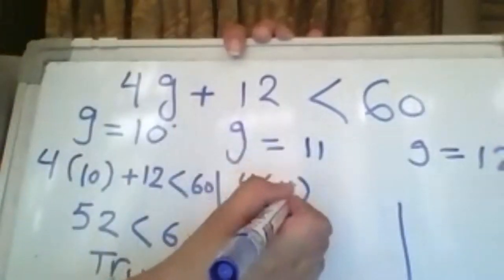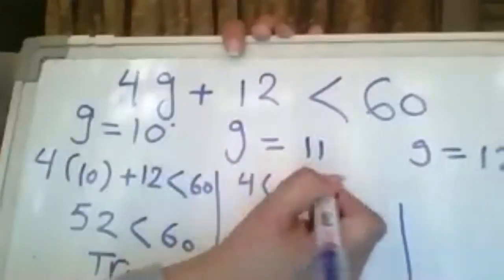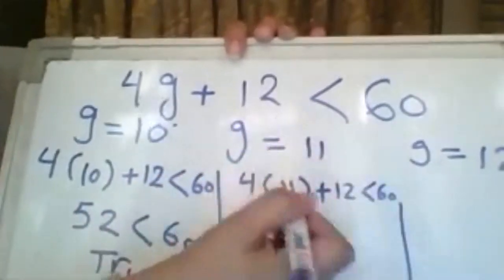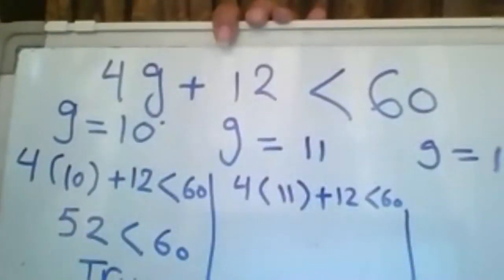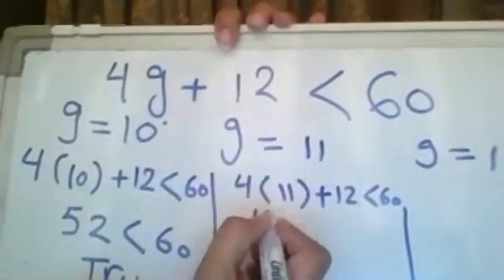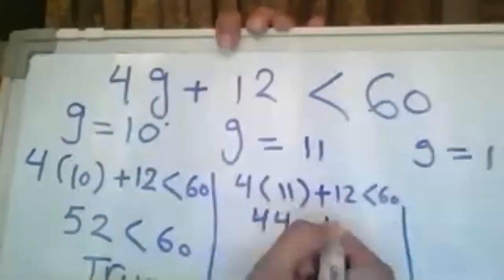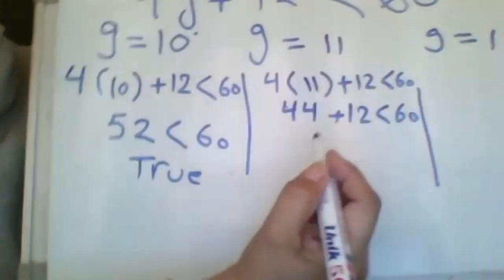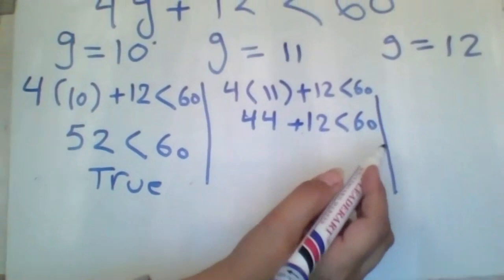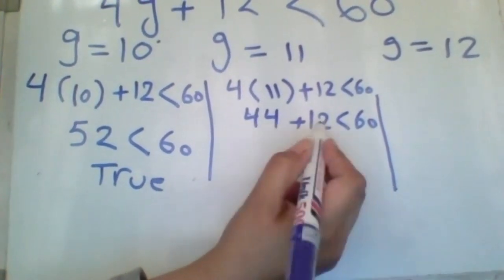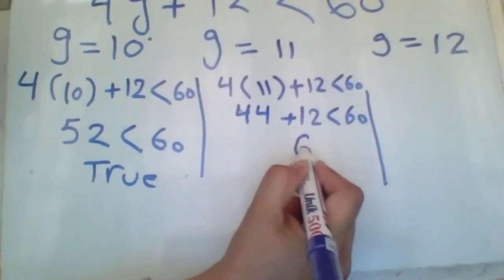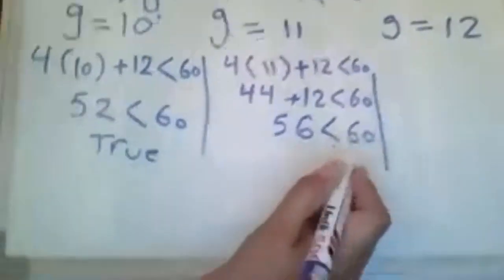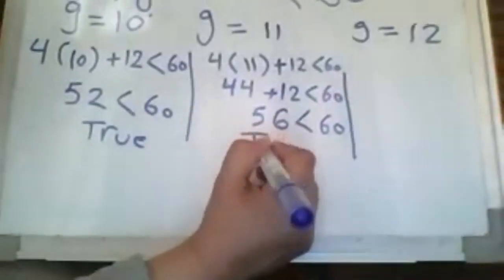Then 4 times 11 plus 12 should be less than 60. 4 times 11 will be 44. 44 plus 12 equals 56, less than 60. Is this correct? Yes, it will be true. Thank you so much.